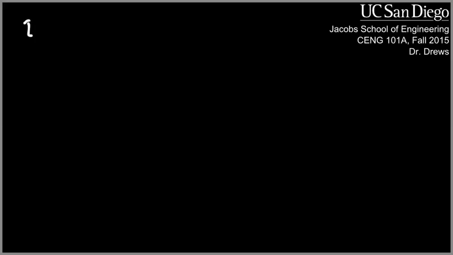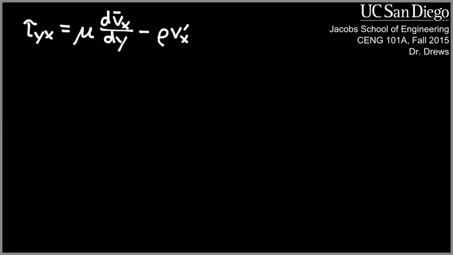We find that the shear stress, tau sub yx, is equal to the same one that we saw before, which is mu d v bar sub x dy. That's our laminar contribution, but Prandtl found that we have this new contribution, which is minus rho Vx prime Vy prime, but time averaged.